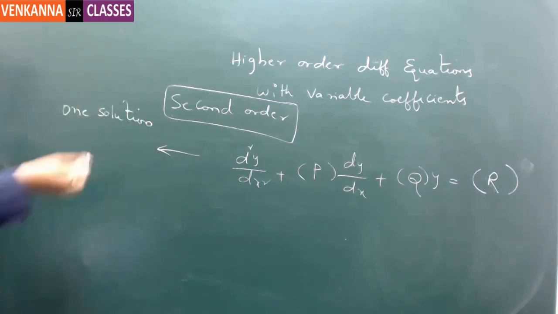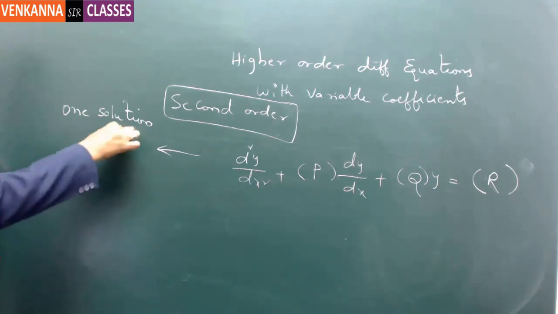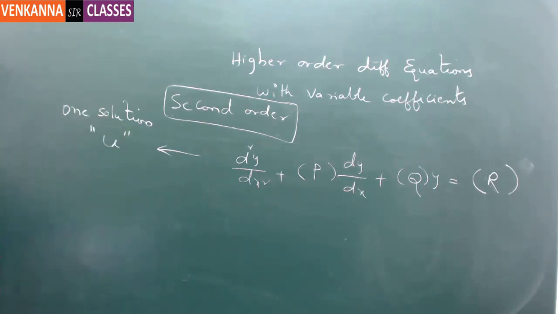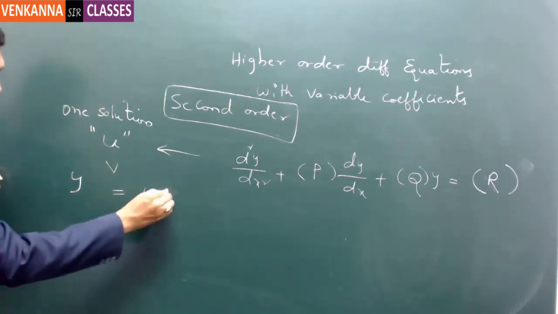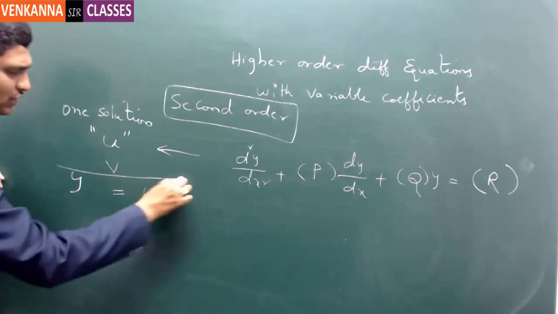Let us name that solution u. It will have another solution v. So y is equal to u times v is the final solution.